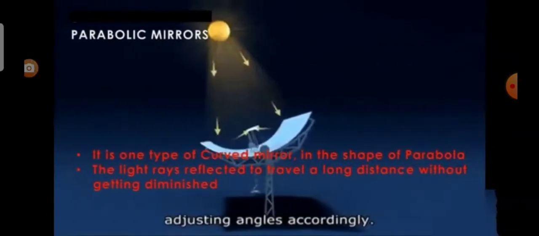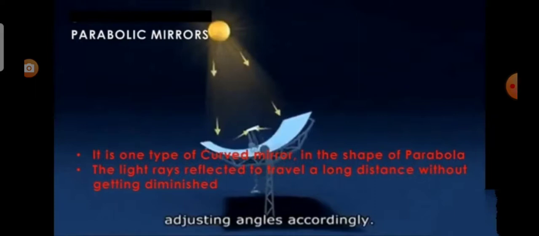Now we see about the parabolic mirrors. Parabolic mirror is one type of curved mirror. There is a concave reflection surface, and the surface directs the entire incident beam of light to converge at its focal point.